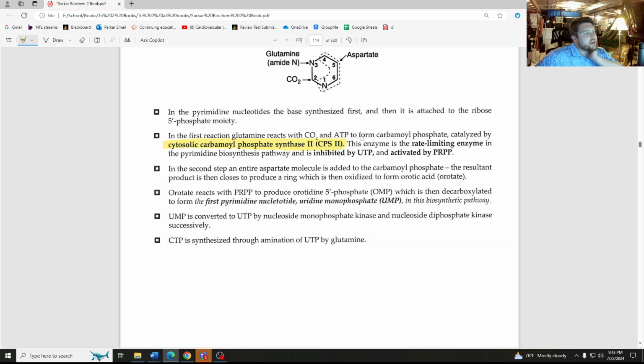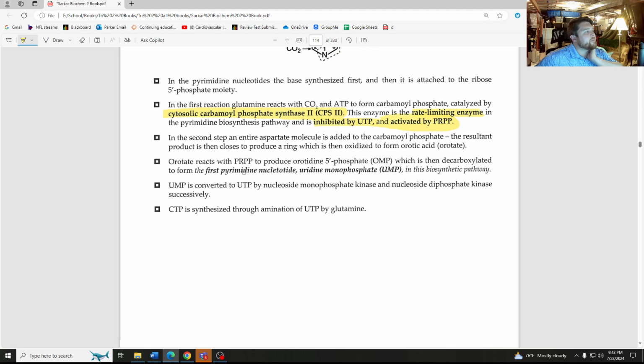Okay. This enzyme is the rate-limiting enzyme, so right there we want to make sure we remember this enzyme in the pyrimidine biosynthesis pathway, and it is inhibited by UTP and activated by PRPP. Inhibited by UTP and activated by PRPP.